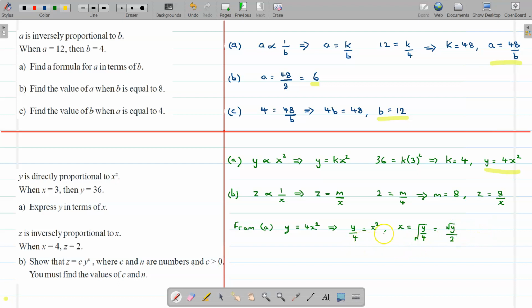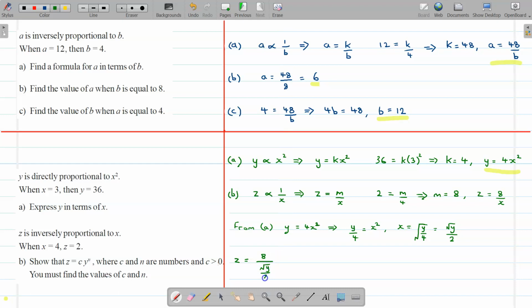So in other words, I'm writing x in terms of y using a rearrangement of this. Now what I'm going to do is replace the x in here with root y over 2. So from part B, z equals 8 over x, which is actually the same as 8 over root y over 2.